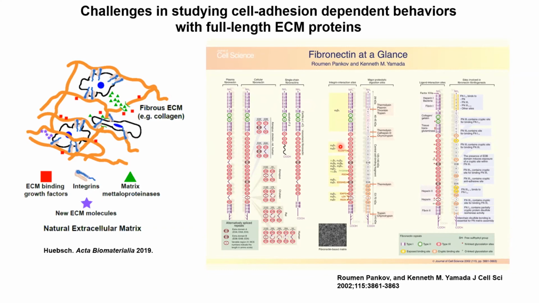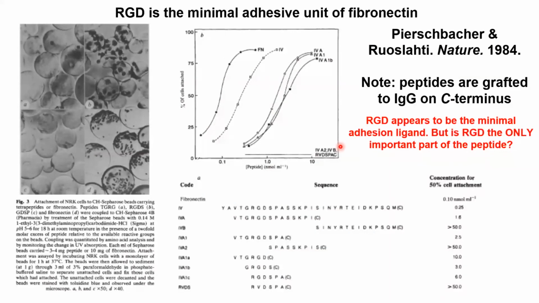So what's one solution to this? One solution is to not bother with the full-length ECM protein necessarily, and really just focus on bioactive peptide motifs alone. In this case, this is a seminal work from Erkki Ruoslahti and Michael Pierschbacher.